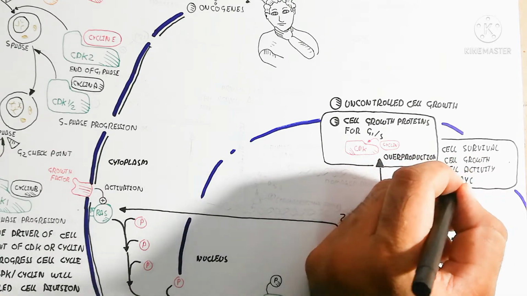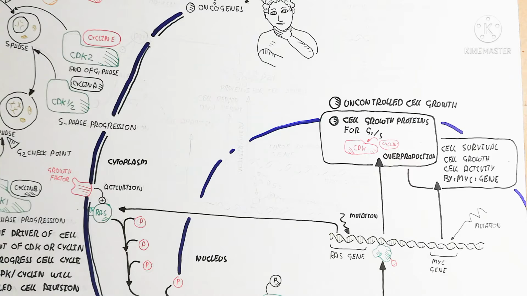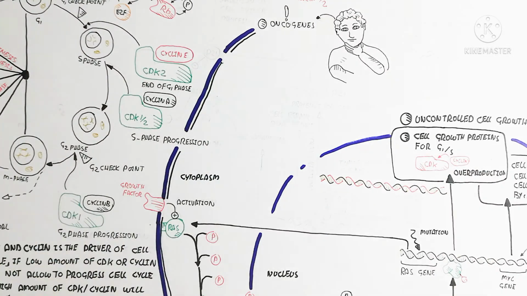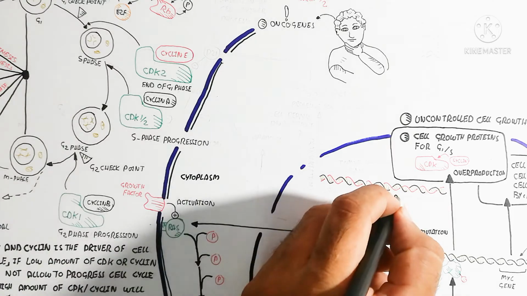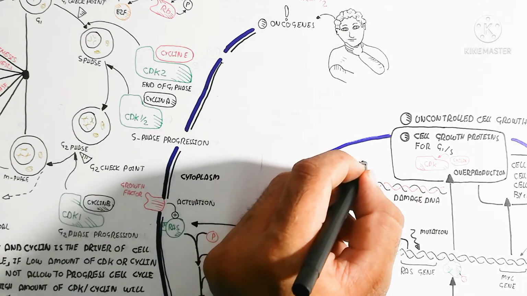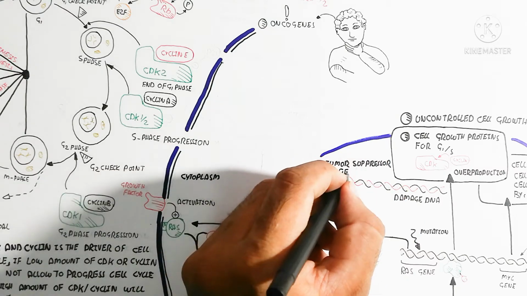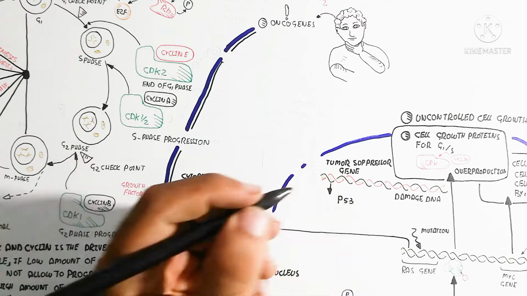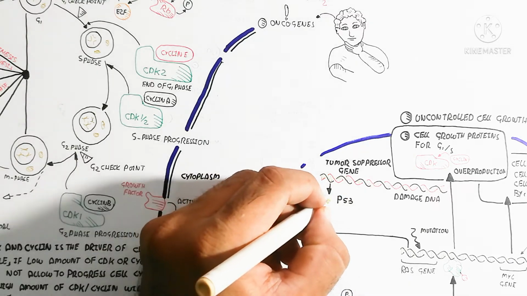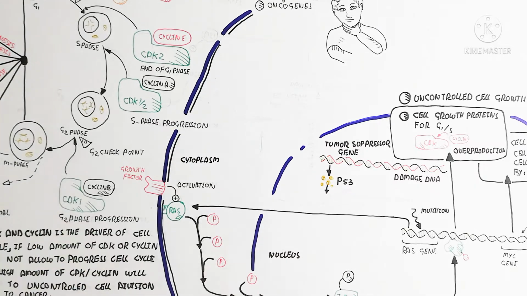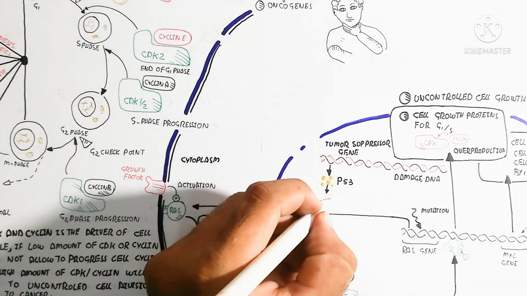But the important thing is that when DNA is damaged, the cell leads to the tumor suppressor gene working. The tumor suppressor gene contains P53, and the P53 gene produces the P53 protein. This P53 protein binds with a phosphate group and is known as a transcriptional factor.